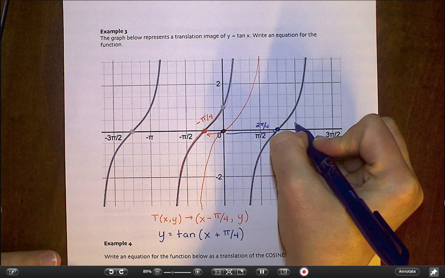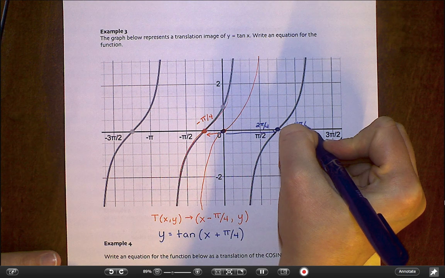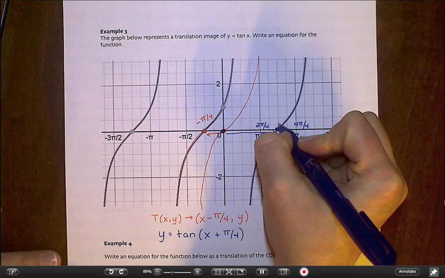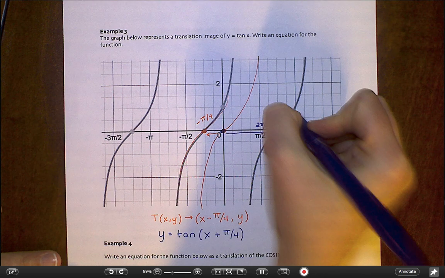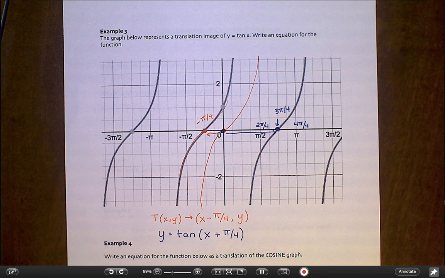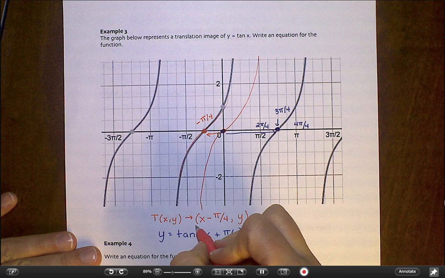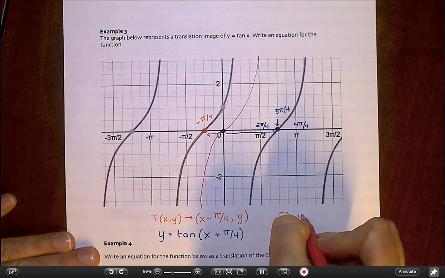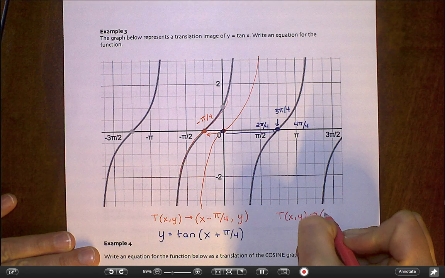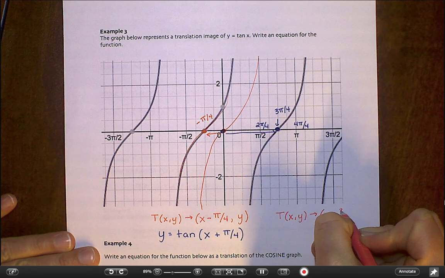And this is 4 pi over 4. So halfway between those two, this point here would be 3 pi over 4. So someone, somewhere, could have said, wait a second, I disagree with what Mrs. Trigno is saying. I think this is a translation of positive 3 pi over 4.